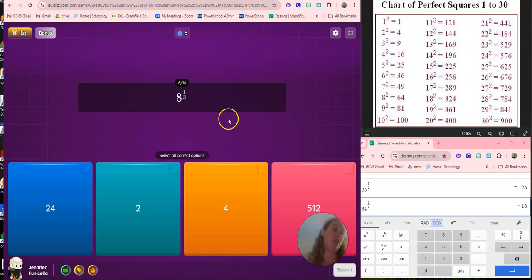Nice job. This one is 8 to the 1/3. So remember, what's asking us, power of 8 is just 1, and the root is 3. So we're taking the cube root of 8. So what number multiplied by itself 3 times is going to get us 8?